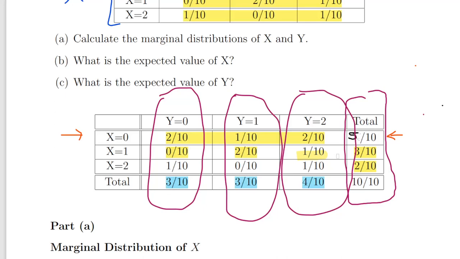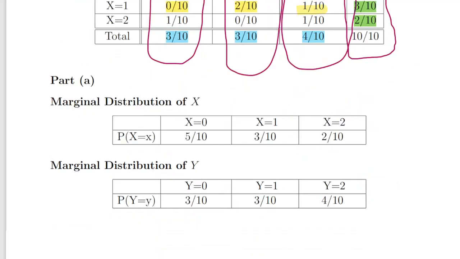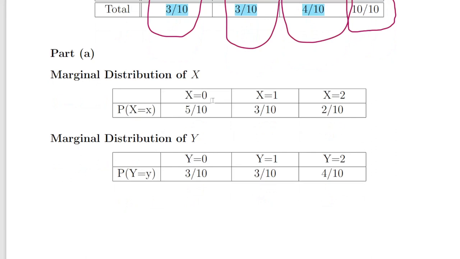So we're going to use these values to formally state the marginal distribution of x and y. So a statement like that: marginal distribution of x, x equals 0, x equals 1, x equals 2. And there we have y equals 0, y equals 1, y equals 2. So this is really a formal statement of the marginal distribution of y.